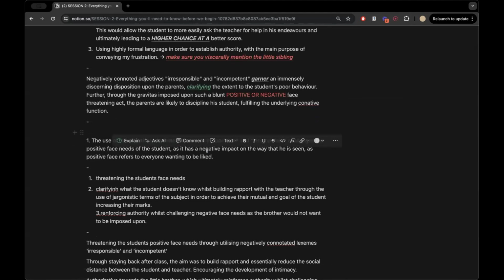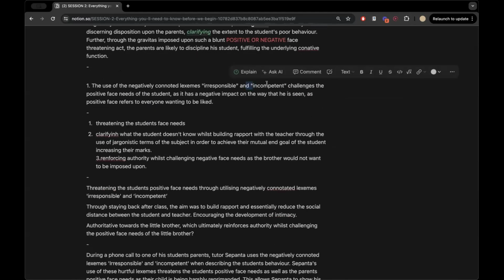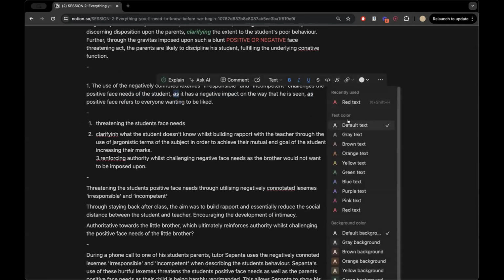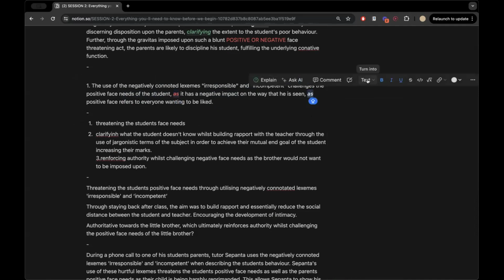The use of negatively connoted lexemes, irresponsible, incompetent, challenges the positive face needs of the student, as it has a negative impact on the way that he is seen, as positive face refers to everyone wanting to be liked. Your flow is a little bit repetitive, I feel, because you've got "as." Words like furthermore or subsequently come in really handy when you come across as repetitive like this.